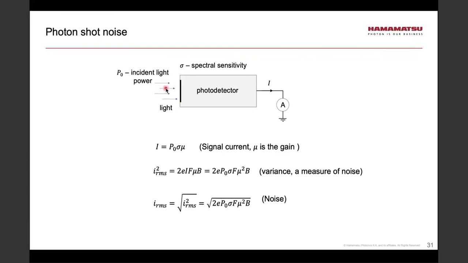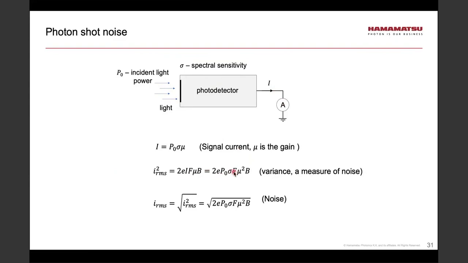That light then gets converted effectively into current. So we get our usual signal, but that noise that was present already with the light got embedded in the fluctuations of the current coming from the photodetector. One can show that the variance of that noise is given by the equation which I'm now outlining. And please note the important components.